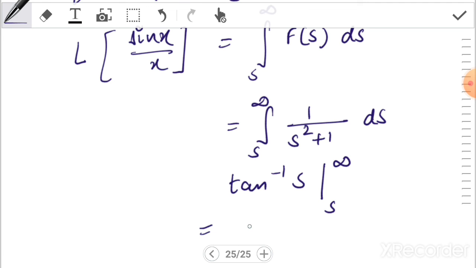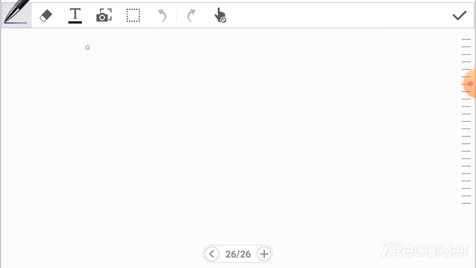So tan inverse infinite minus tan inverse s, which is equal to pi by 2 minus tan inverse of s.